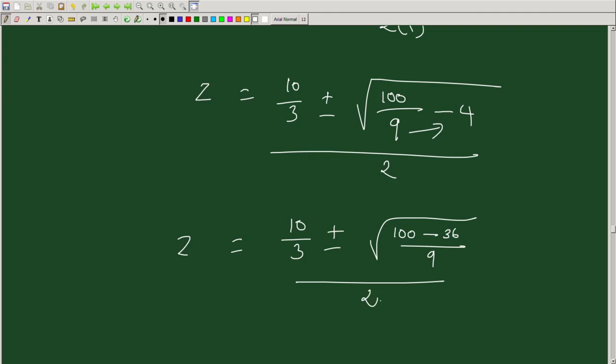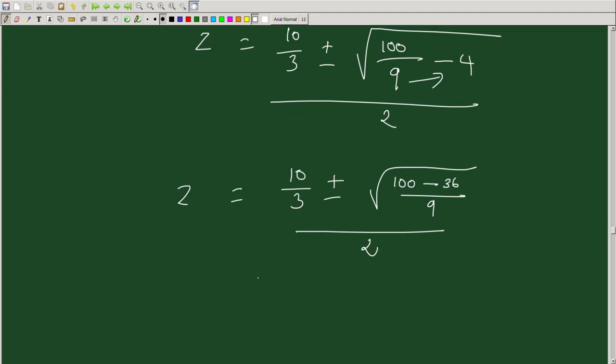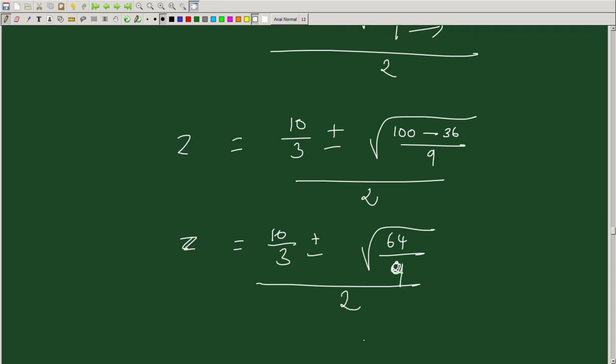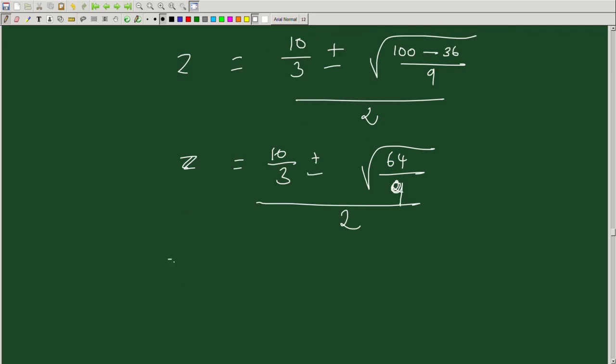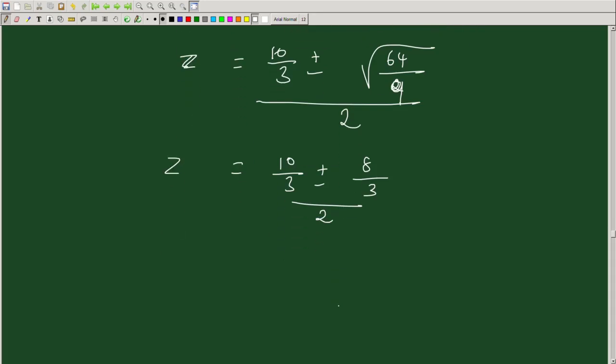Simplifying this, what you will get, root of 64 by 9, right? So z equal to 10 by 3 plus or minus square root of 64 is 8, square root of 9 is 3, divided by 2.